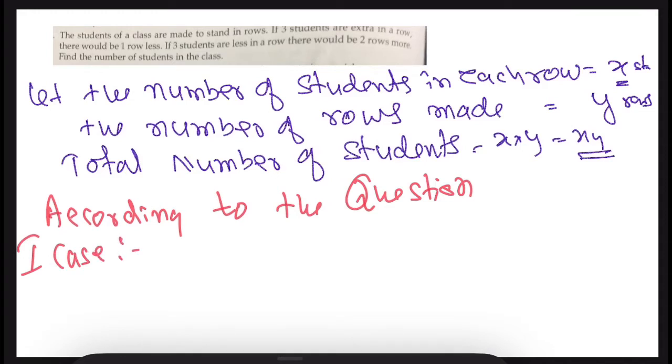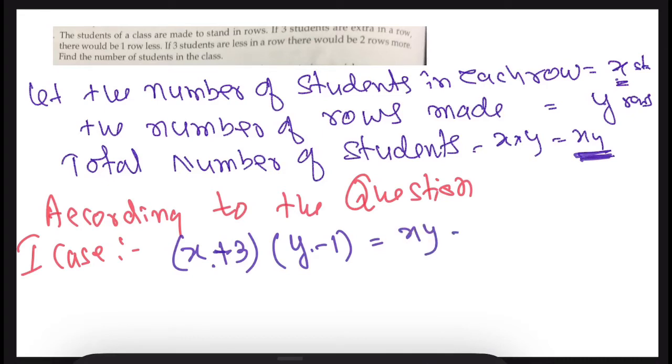If 3 students are extra in a row, 3 students means students, so if 3 students are extra in a row, then there would be one row less. Rows is y, so there would be one row less. That means this into this will be equal to the total students, which is xy. Got it? This is our first equation.